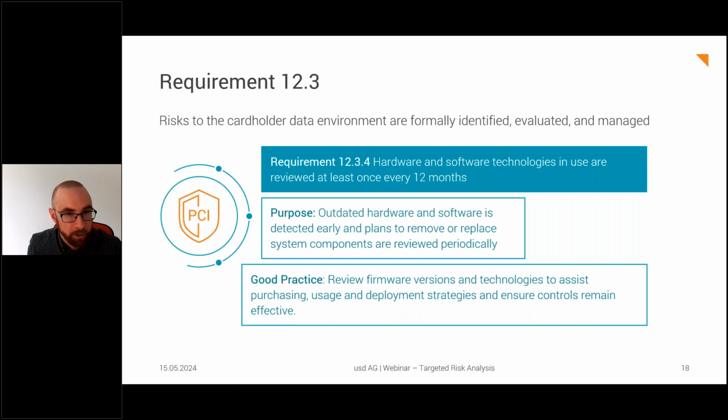So the number of the requirement here is 12.3.4. Hardware and software technologies in use are reviewed at least once every 12 months. Yes, I think this is also the correct requirement number, and I hope this answers the question.